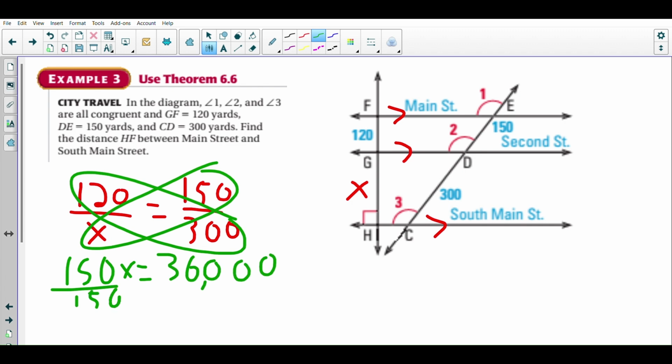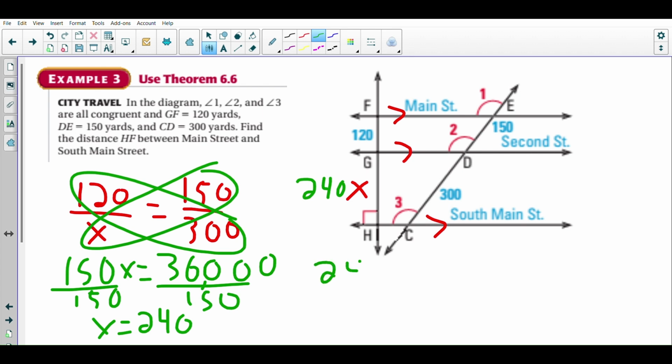Then we divide both sides by 150. Realistically, 150 is half of 300, so x should be 240. We punch it into the calculator to double check, and we do get 240. So if we want the distance from H to F, or Main Street to South Main Street, that's 240 plus 120, which gives us 360. So there we go.